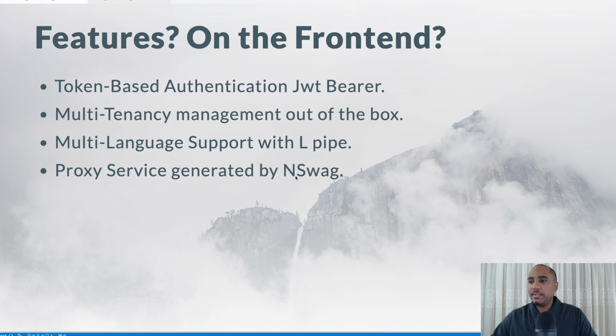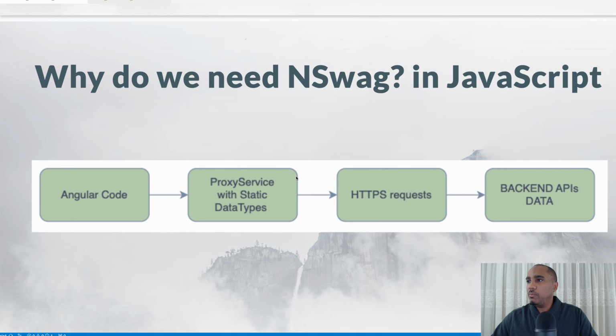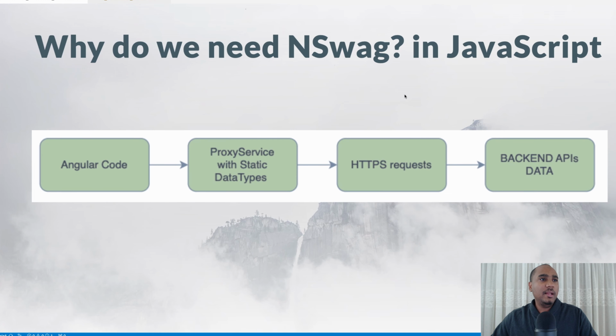And that's why let's talk about this NSwag. Why do we need NSwag in JavaScript? Let me start by saying that in a normal JavaScript web application, we need some sort of access to the backend APIs in some way. Most of the time, we do use HTTP requests to access the backend information. And for those HTTP requests, we mostly go for using libraries like Axios, or we could just go with vanilla JavaScript using the XMLHttpRequest class.